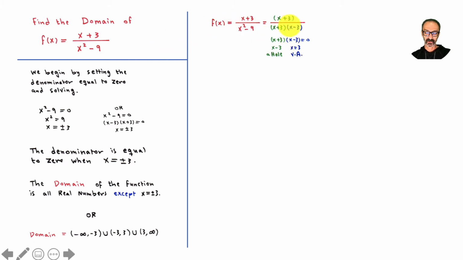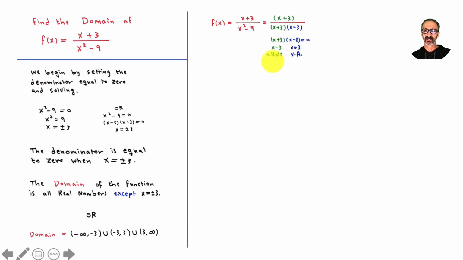To make the story short, the one that doesn't cancel, which is in blue, gives you x equals 3. You have a vertical asymptote. The one in green leads you to x equals negative 3. That's a 3, and that's a negative 3.